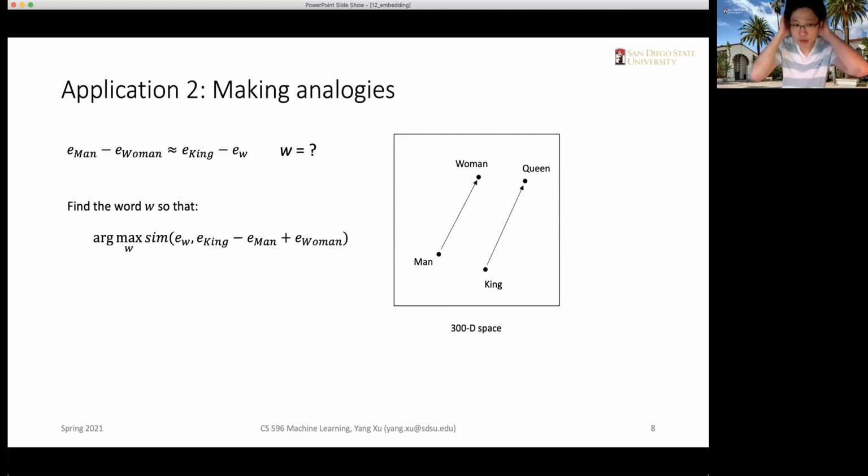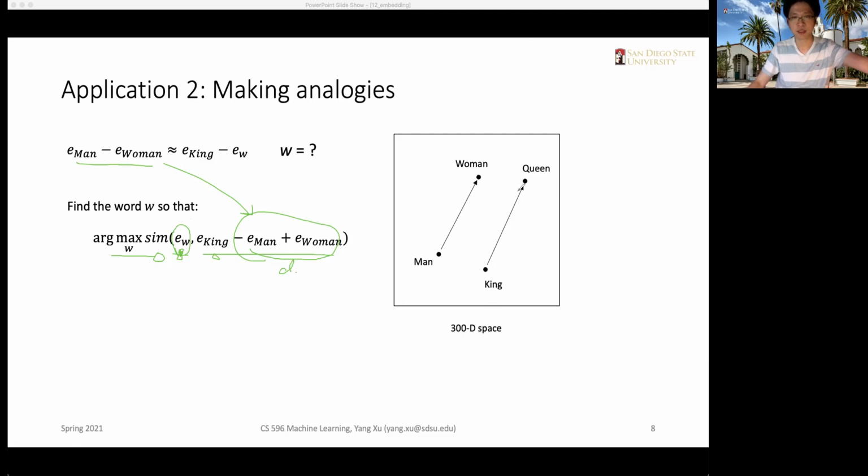Okay, so what we can do is use the distance here. It's basically subtracting the difference between man and woman, and we will find the word that maximizes the similarity with king minus such a distance.